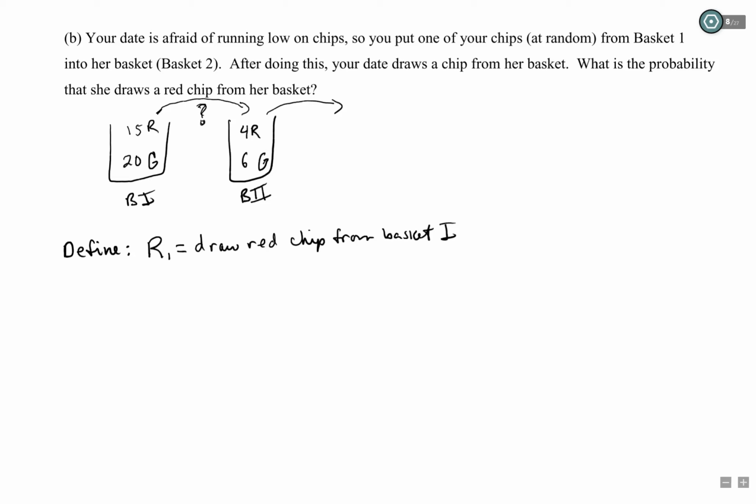The subscript 1 denotes we're dealing with basket 1. R tells us it's a red. I also want to contend with I could draw a green one from basket 1.